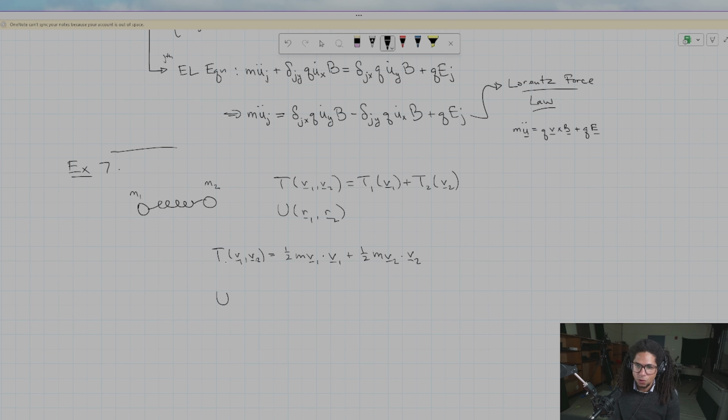And then U, well, it depends on the length of the spring. We'll say this has spring constant k and equilibrium length 0. But U of r1 and r2 is equal to 1/2 times k times the length of the spring squared. The length of the spring is r1 minus r2, and then I'll take that norm squared. Good.